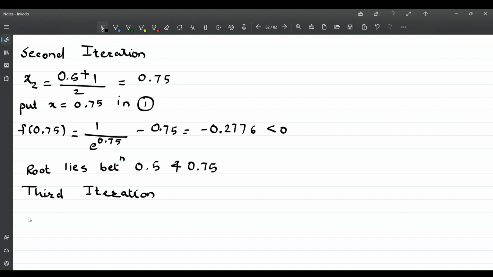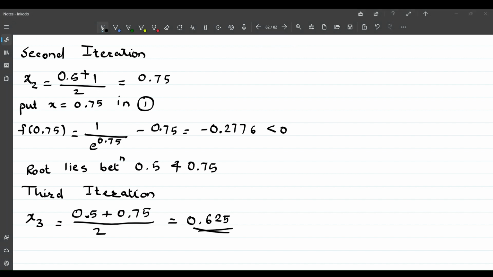Third iteration means we have to find x3, the addition of these two trial points divided by 2, that is 0.5 plus 0.75 divided by 2. That is 1.25 divided by 2, which is 0.625. After 3 iterations, we have this answer 0.625. At most we have to solve this method up to 3 iterations. Thank you.